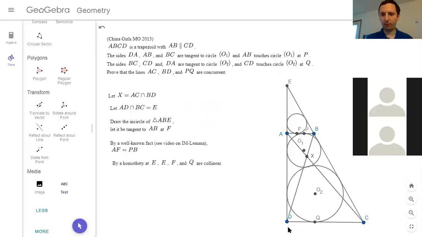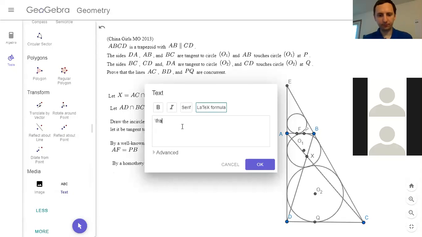And so EQ over QC is equal to AF over FB, which is equal to BP over PA.